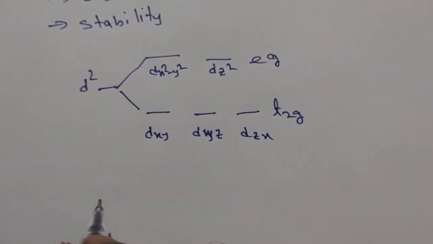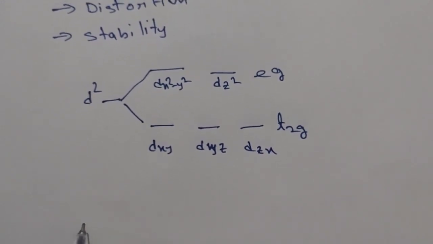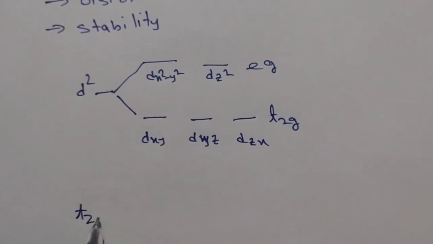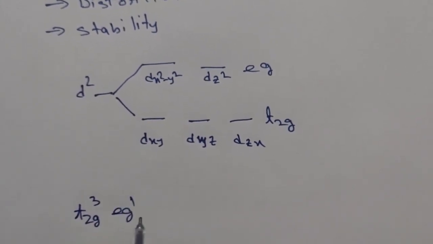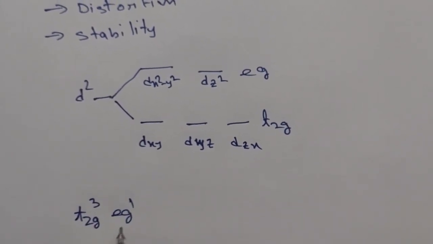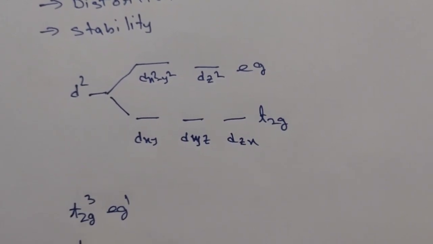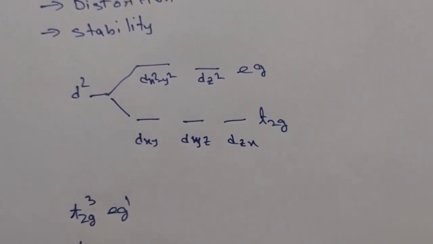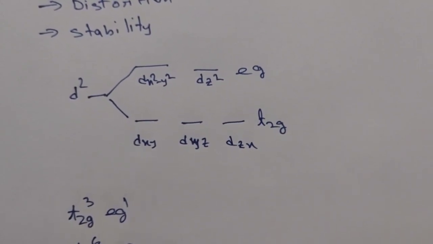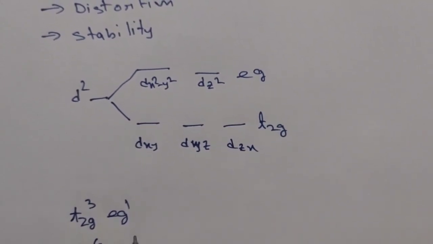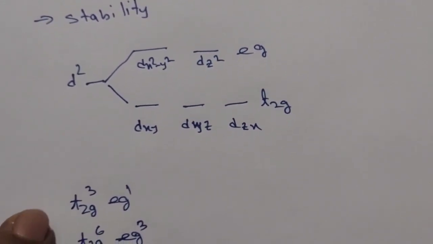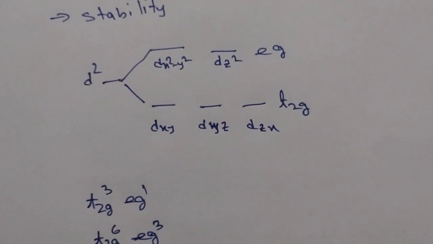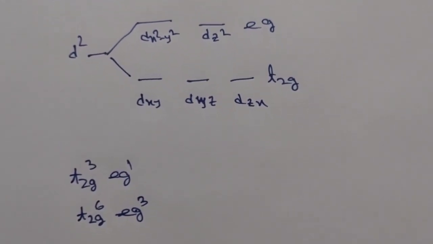Like if we have T2g3 Eg1 or T2g6 Eg3, these kinds of electronic configurations give rise to strong Jahn Teller distortion.